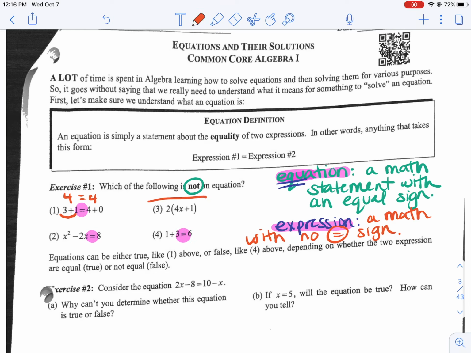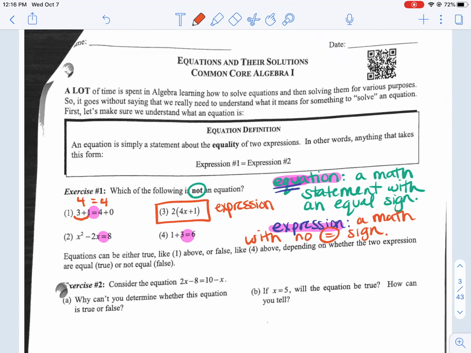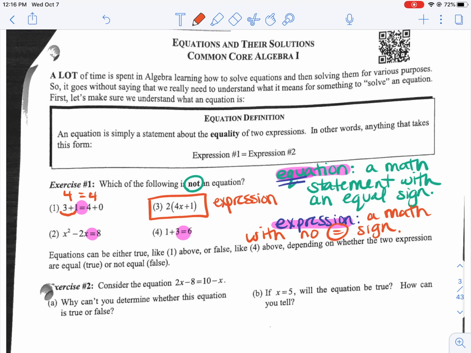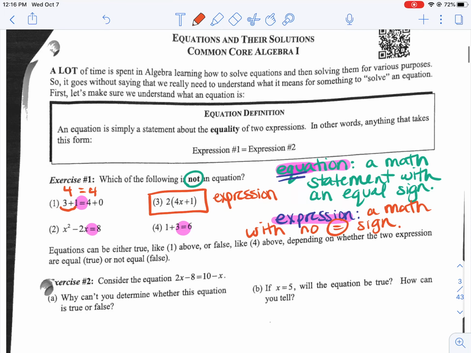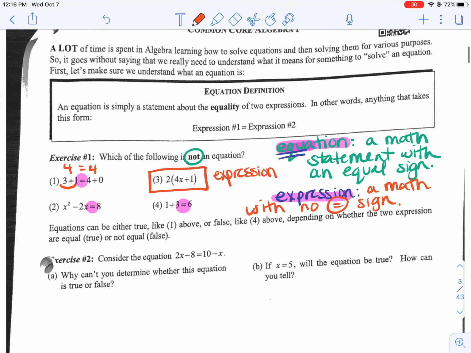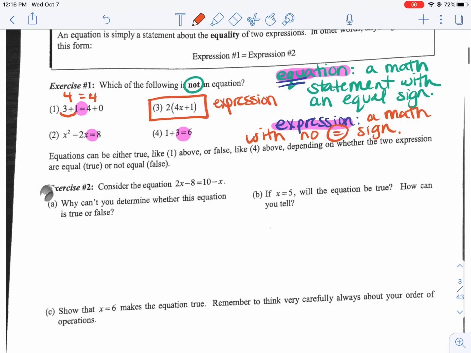If it does not have an equal sign, it is what's called an expression. If you don't have the packet, you can just write this down on a piece of paper: the definition of equation, the definition of expression, and then something that's an expression. And any of these we could say are equations because they do have our equal signs.